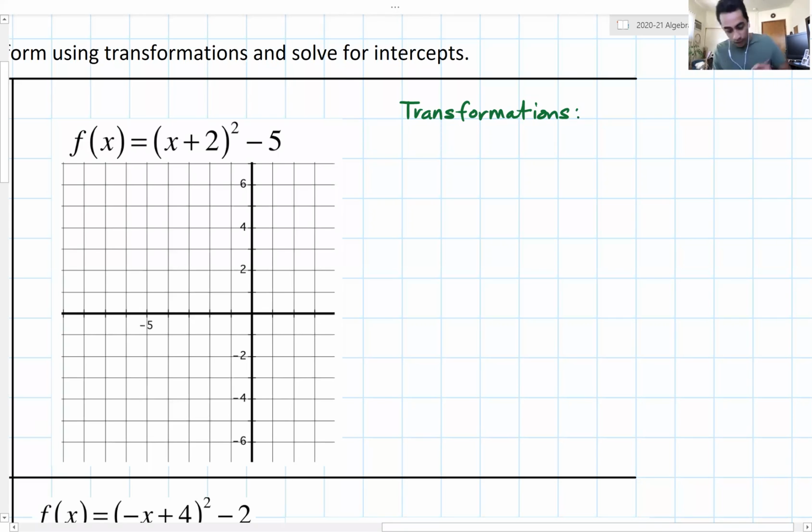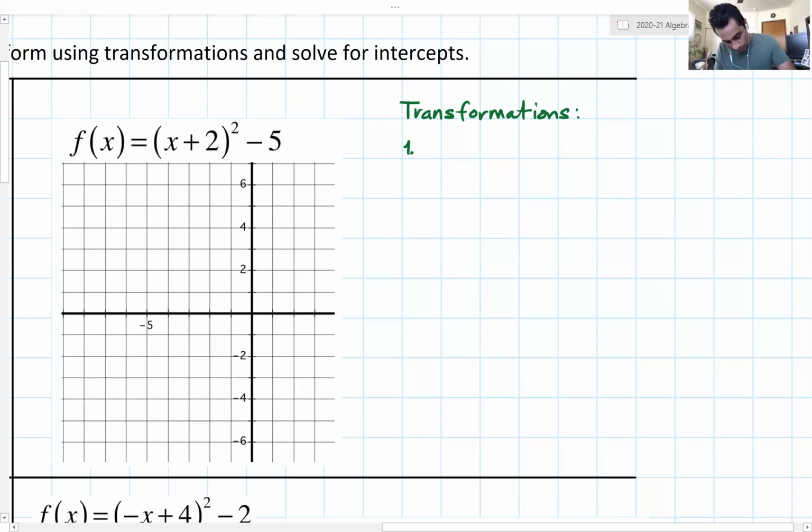I want to describe them the same way that we describe them for absolute value. Right? What could you tell me about the types of transformations that exist about this function right now? All right, good. We can start there, right? Remember, we always want to start with talking about the horizontal shifts.